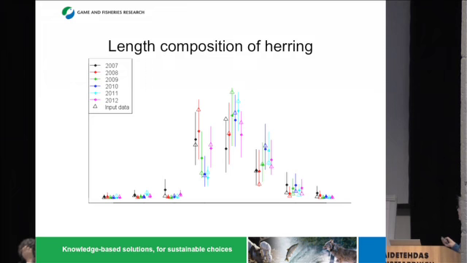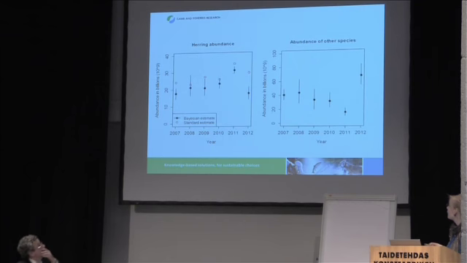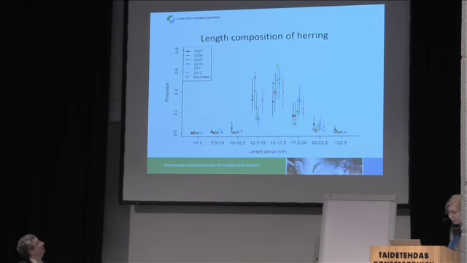Bayesian estimates tend to give slightly higher share of bigger fish than what is assumed just by the input data, and also lower share of a bit smaller fish. And this might be one of the reasons why the abundances seem to be slightly lower than the standard estimates. So the fish are slightly bigger, so the absolute numbers would be slightly smaller.